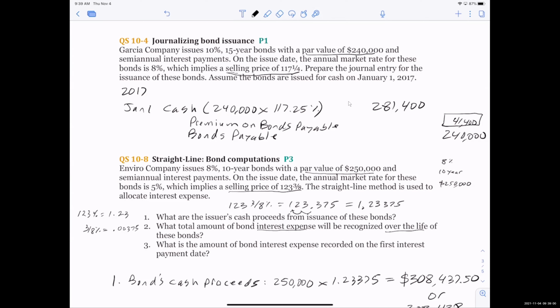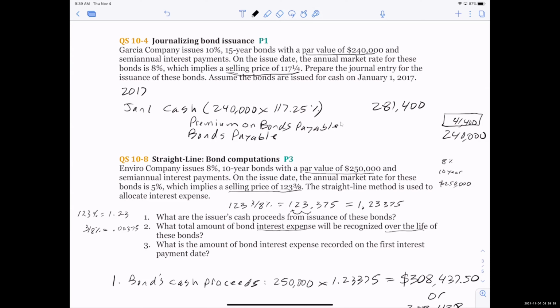Now, what's cool about that is that while we received $281,400, we're only going to have to pay back $240,000 because that's the par value. So let's go ahead and put the par value as bonds payable of $240,000. So we received more than we have to pay back. So that's where we record premium on bonds payable.